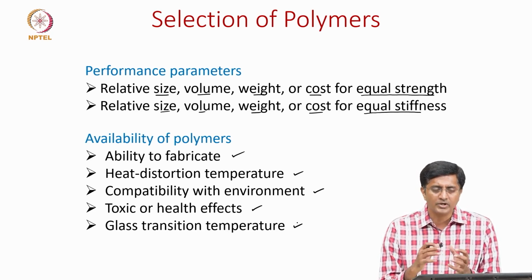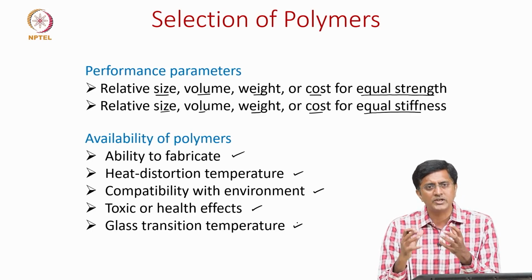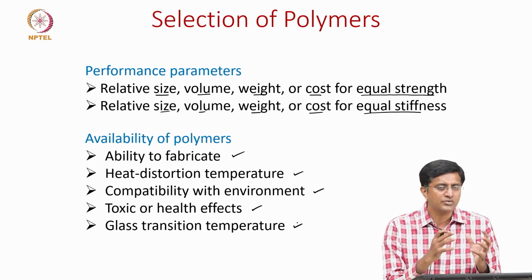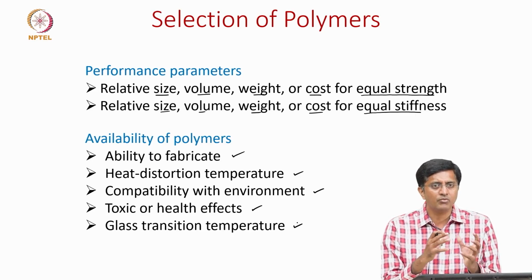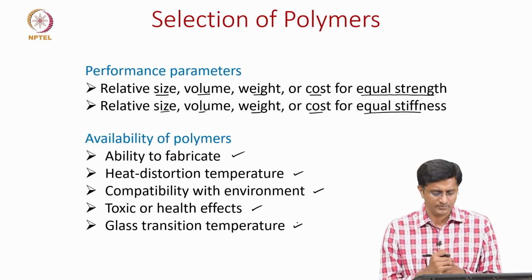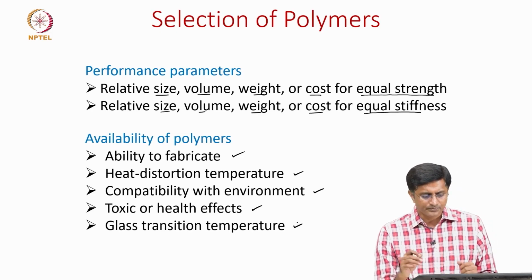But let us say our operating temperatures are coming close to the glass transition, that is when the material becomes softened. So, if we are looking at a stiff and hard material, maybe we want to avoid these temperatures, because then we lose the structural integrity of that component. So, glass transition temperature helps us to make the decisions in a more rational way.